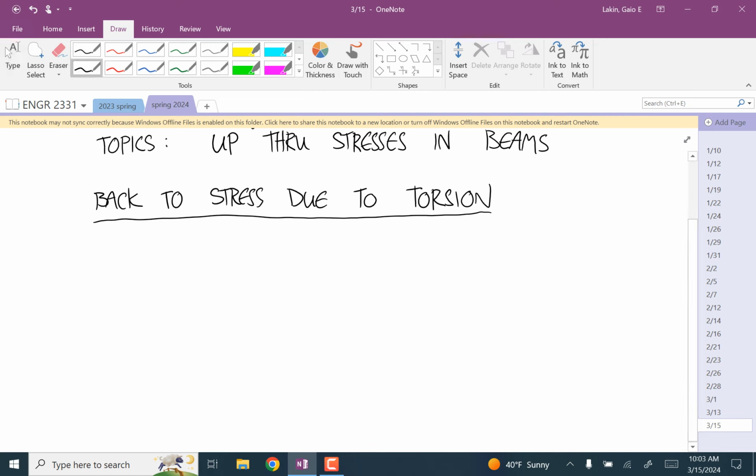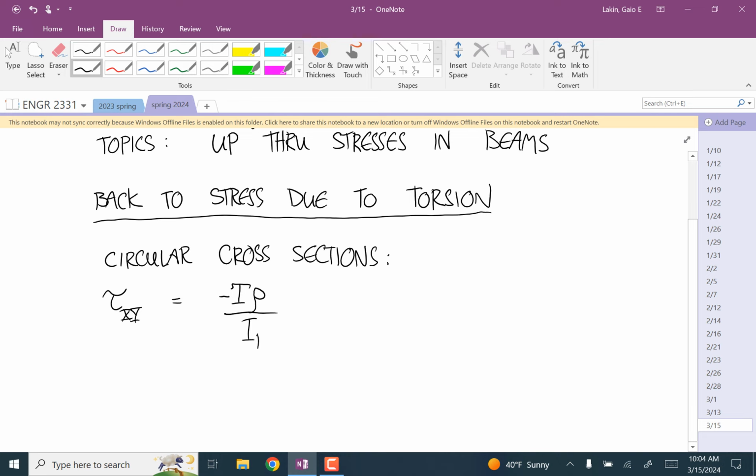Okay, so for circular cross sections, we had that the shear stress in that temporary coordinate system, the XY shear stress, is equal to negative torque times the distance that you're looking from the centroid divided by the polar moment of inertia.